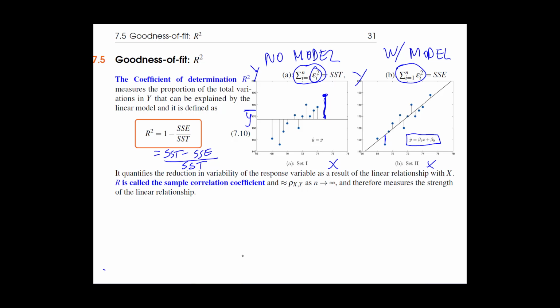And actually R without the square is called the sample correlation coefficient. It's kind of your rho as n tends to infinity. So without the square, it is a measure of the strength of the linear relationship. You want it to be as close to 1 as possible.